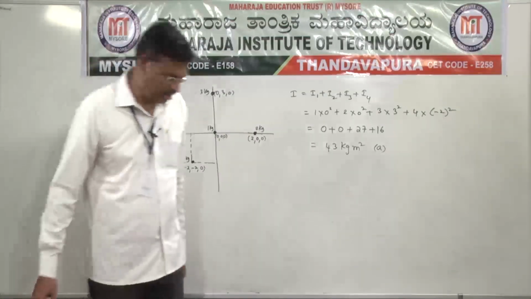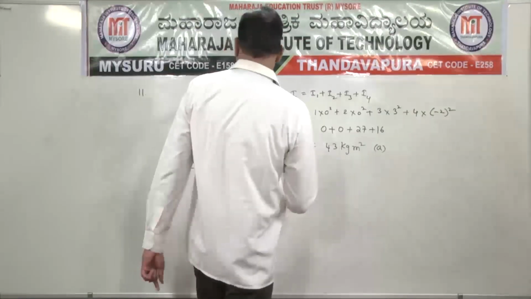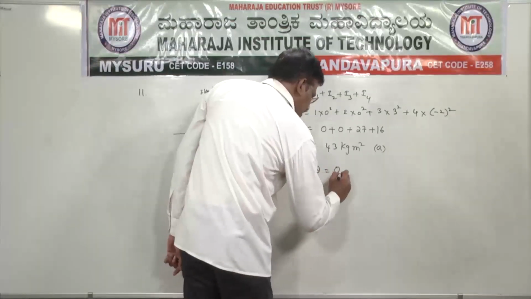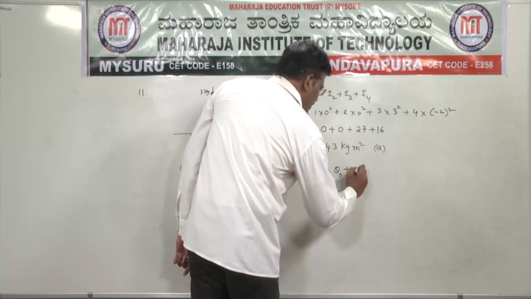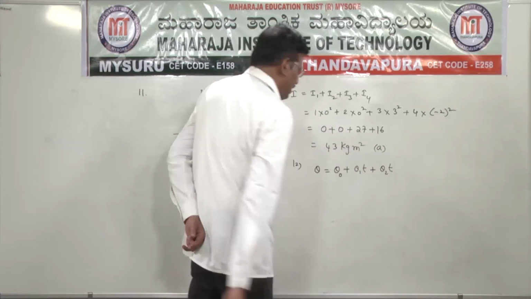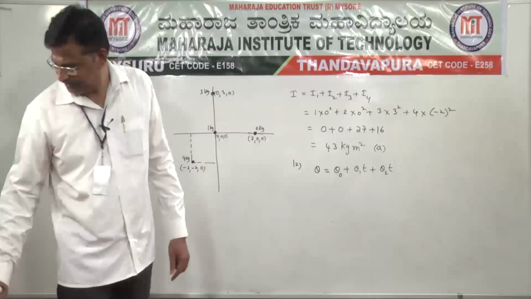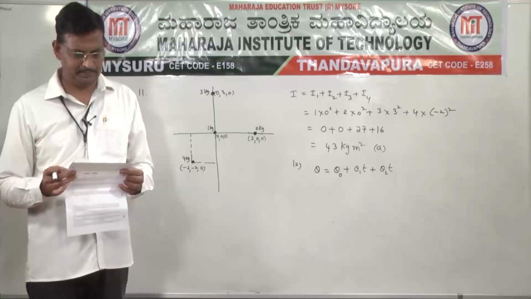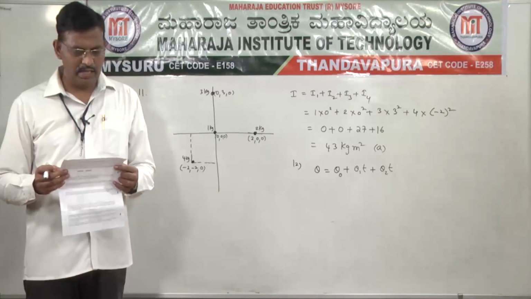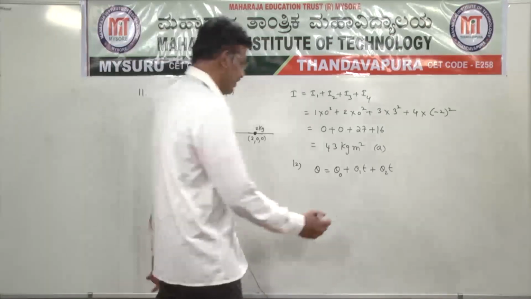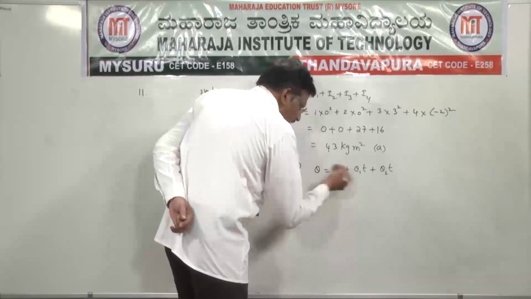For the 12th question, theta is given as theta naught plus theta 1 into t plus theta 2 into t square. Asking to find out angular acceleration. So first of all, angular displacement is given.